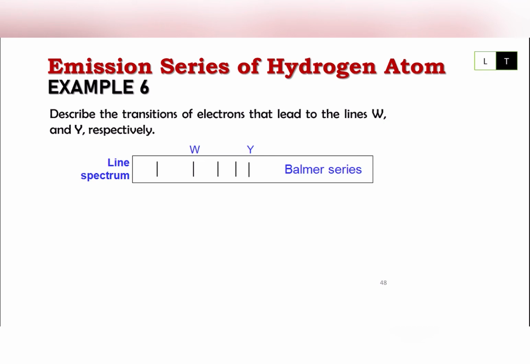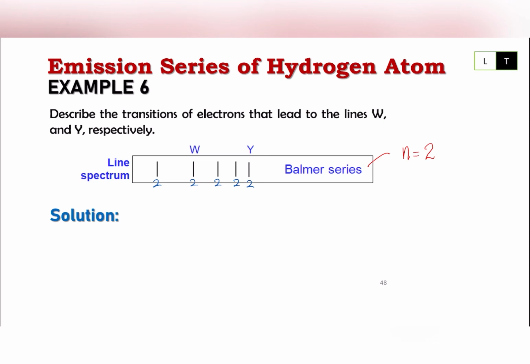For the specific lines here, I have W and Y, and this is for the Balmer series. So always remember for the Balmer series, the lower energy level, or the ground state, will always be n equals 2. So how do you detect which one is the first line?